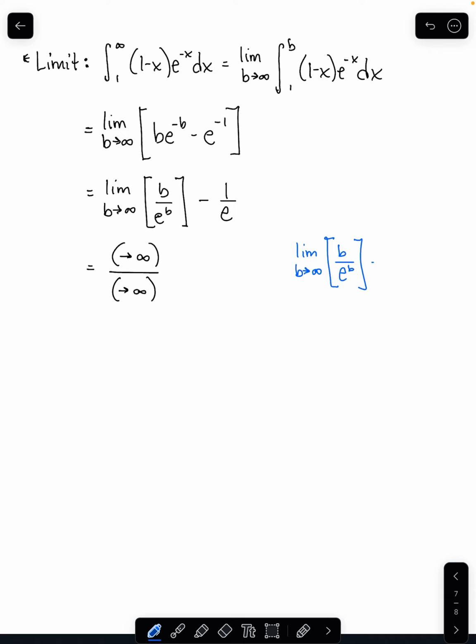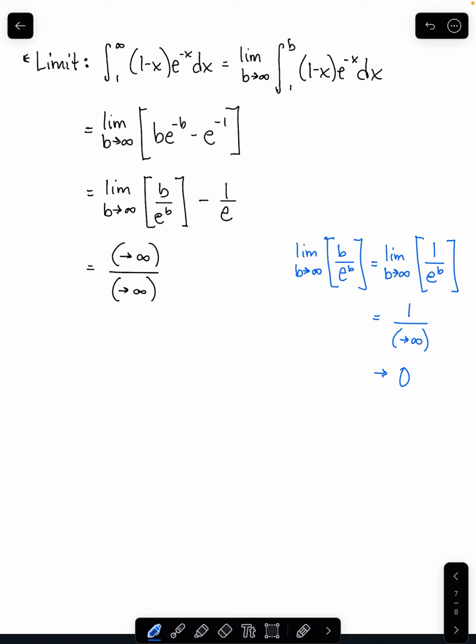And according to L'Hopital's rule, this should be equal to the limit as b approaches infinity of the derivative of the numerator over the derivative of the denominator. Which therefore breaks the indeterminate form because this turns it into a constant 1 over something that in the denominator is going to approach infinity.